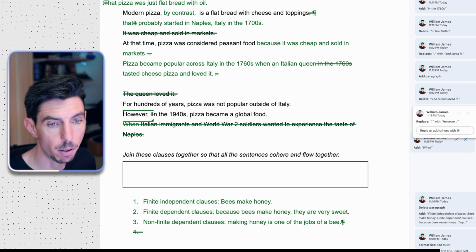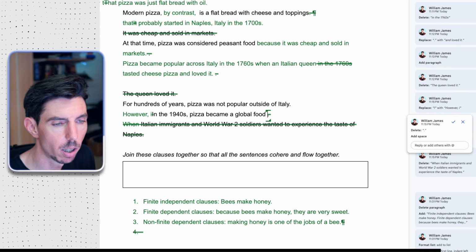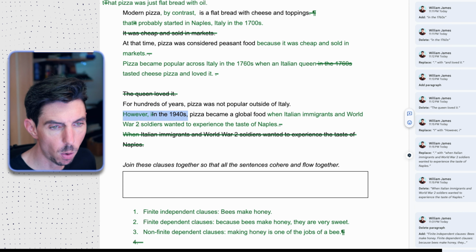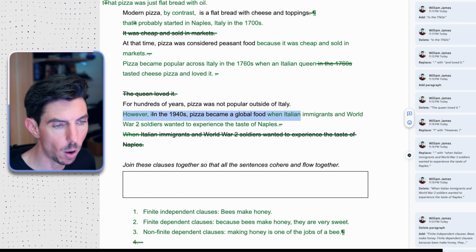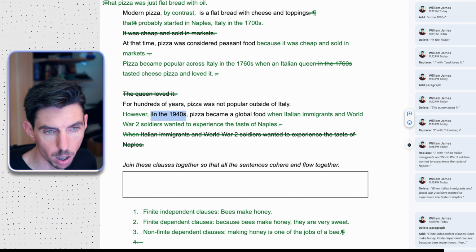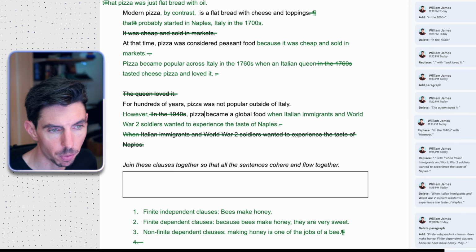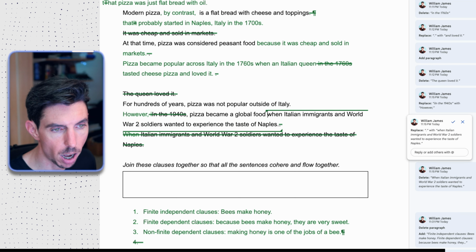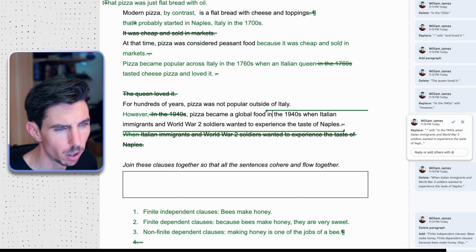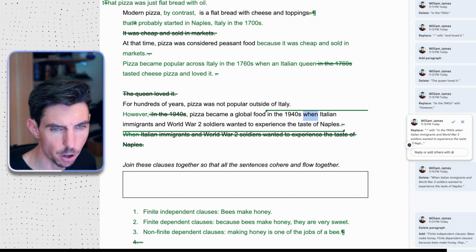So we can have when. However, in the 1940s, pizza became a global food when, and you know what, just as before, I think the preposition about time is going to go best next to this subordinating conjunction when.